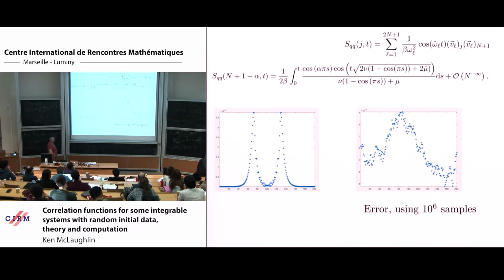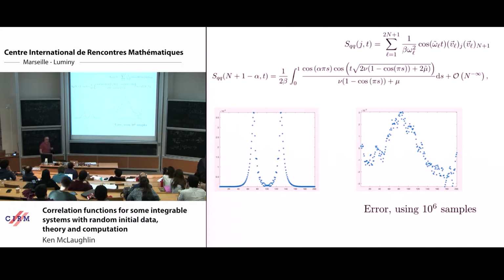And then the left-hand side is the same plot as before, so it's the sum itself. And then the right-hand side is where I've used 10 to the 6th, 1 million samples, and solved the linear ODE system on the computer. And the error is 10 to the negative 3.